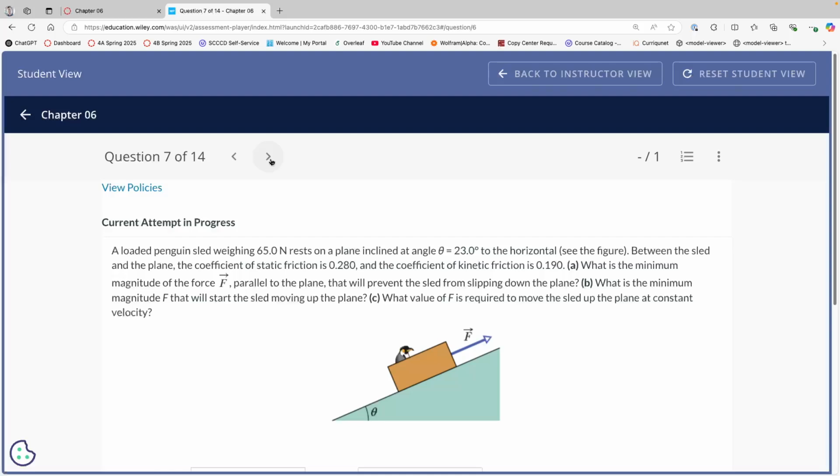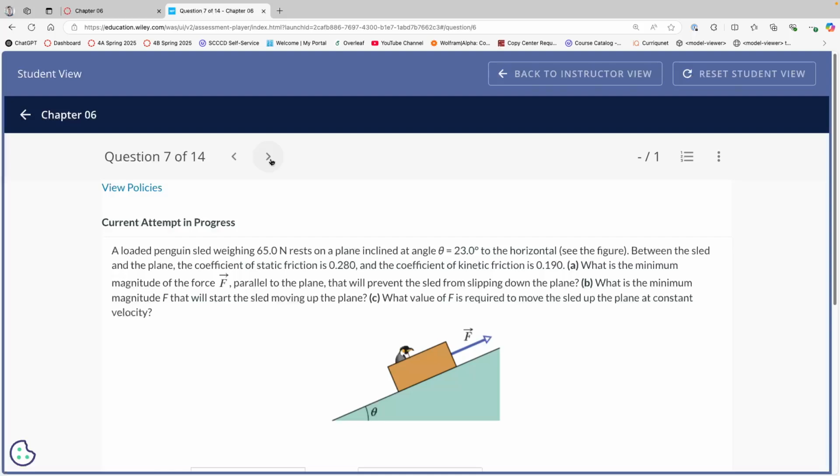Remember, static wants to keep the box and the hill from moving relative to each other. So if F is a lot bigger than gravity pulling it down the slope, which way will static friction be pointing? Down the slope. Static friction will try to help gravity keep that force from pulling up.